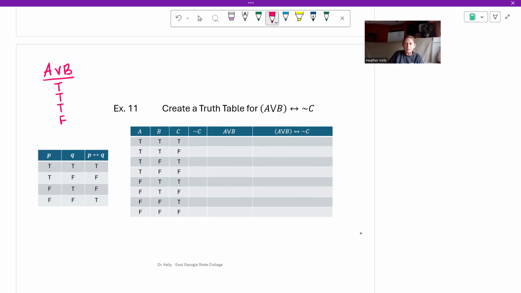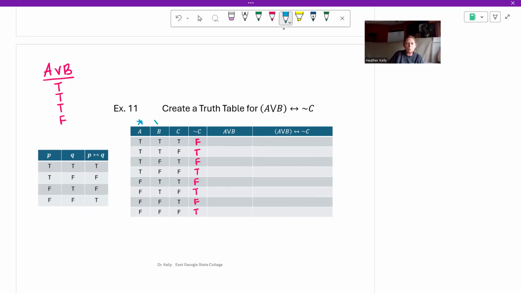It looks like we're finding A or B if and only if not C. That's what we need. Looks like we need to find not C. So I'll go ahead and do not C first.